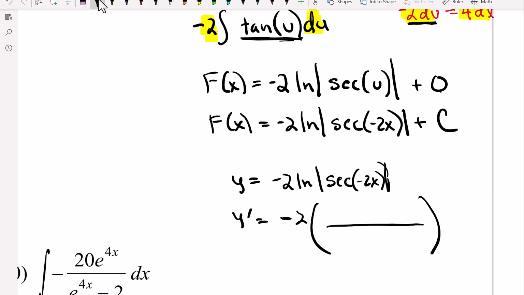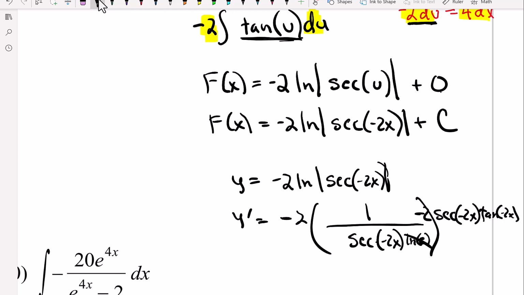And the derivative of a natural log is 1 over that function times the natural log of e, which then cancels. Now we have to multiply this times the derivative of secant, which is secant theta tangent theta, times the derivative of theta, which is negative 2.